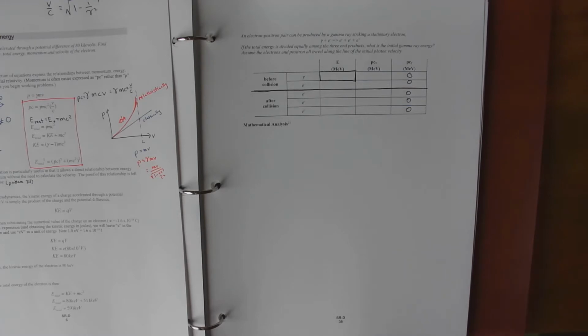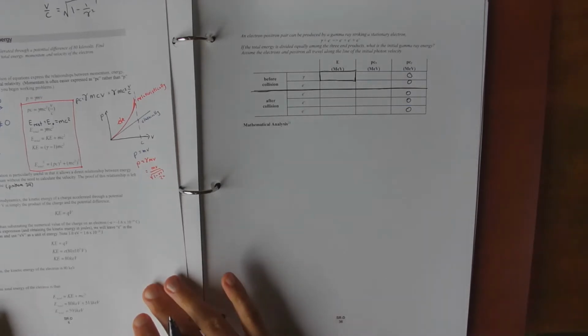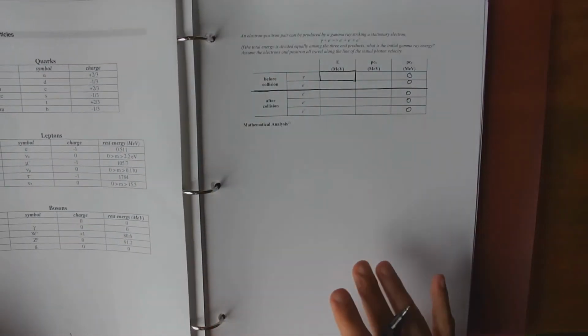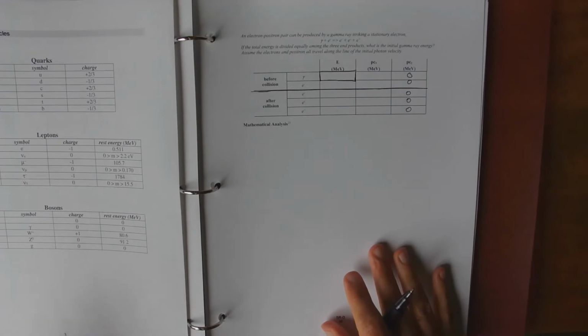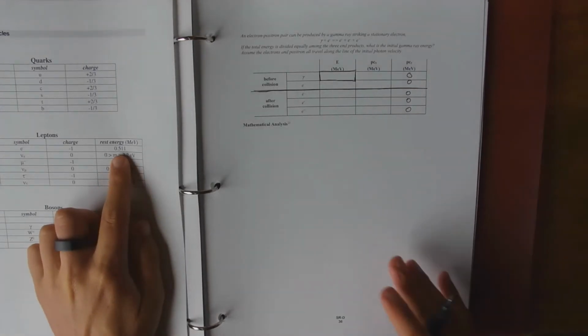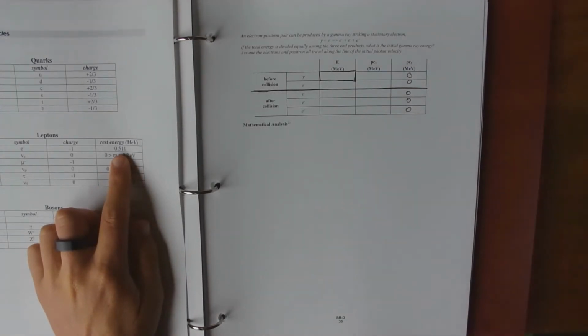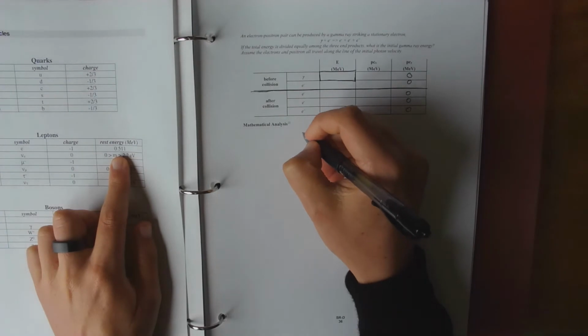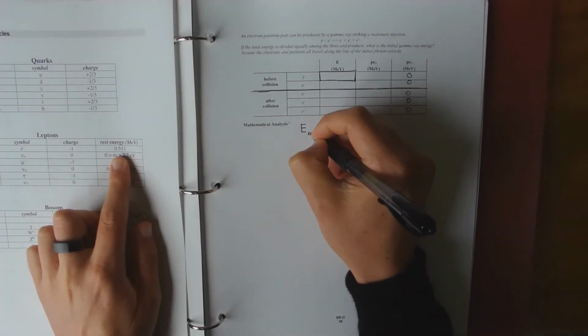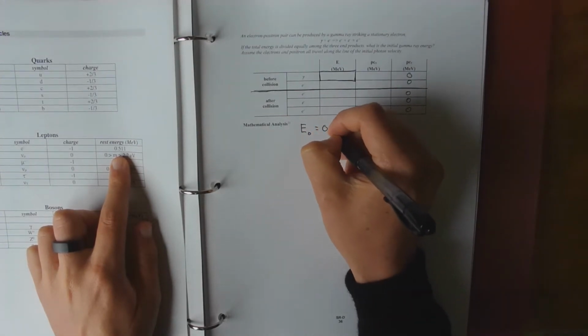Okay, so let's first look at the rest energy. The electron and the positron have the same rest energy, which is 0.511, and we will just call that E0.